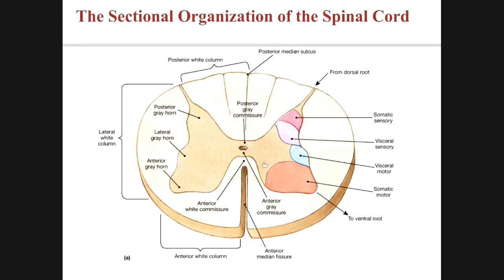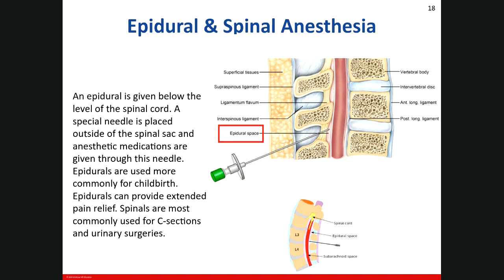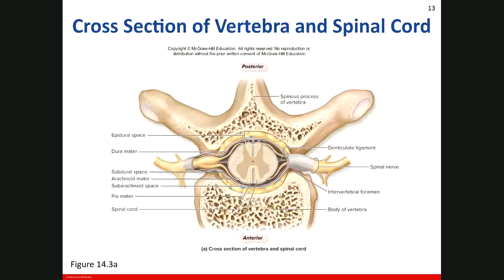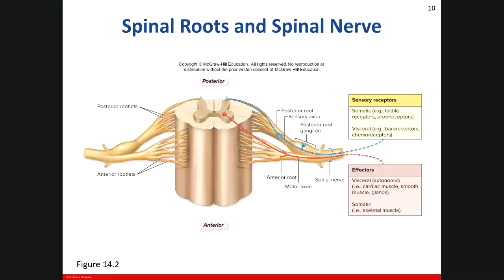And in the anterior column, you can see one deep sulcus, which we call a fissure. This fissure is called the anterior median fissure. So this is the structural organization of the spinal cord. I go back to our previous slide.